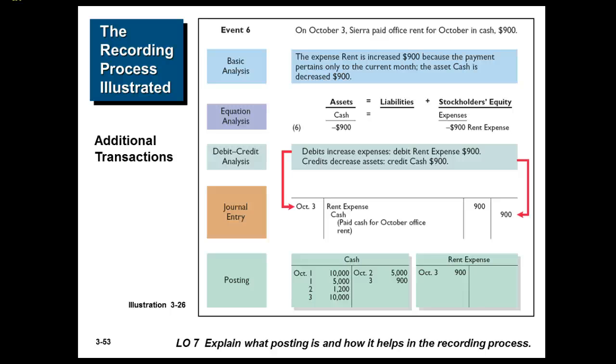So when we record the transaction, we're going to debit our rent expense, and we're going to credit our cash. Again, we will then post that transaction to the appropriate account ledgers, and so you can see that on October 3rd our cash was credited or reduced by $900, and likewise our rent expense was debited by $900.